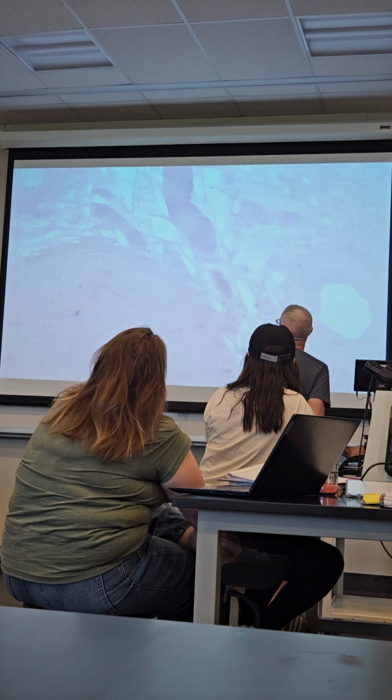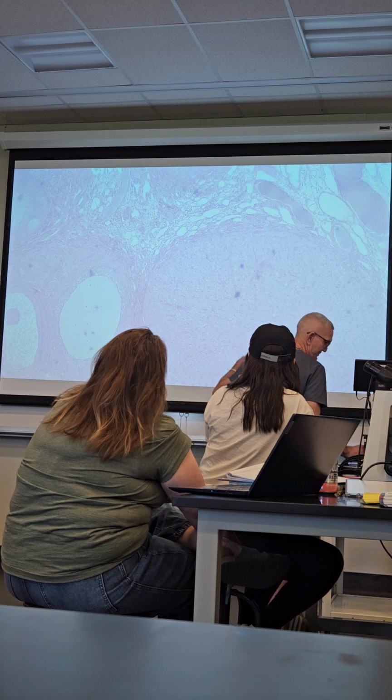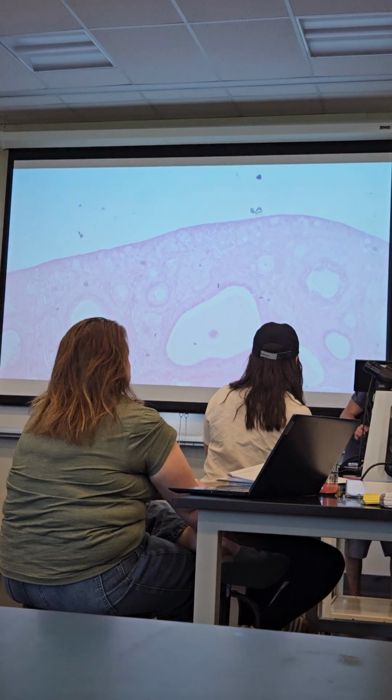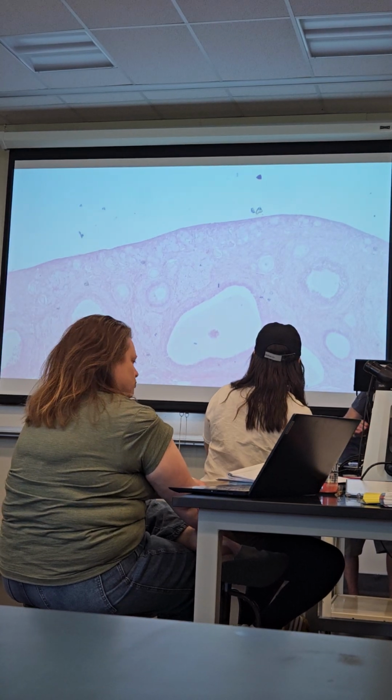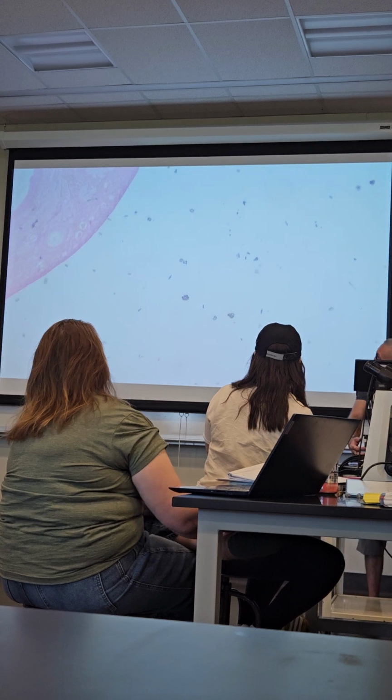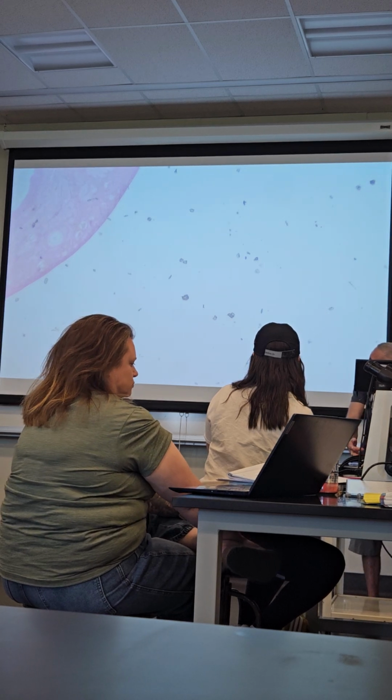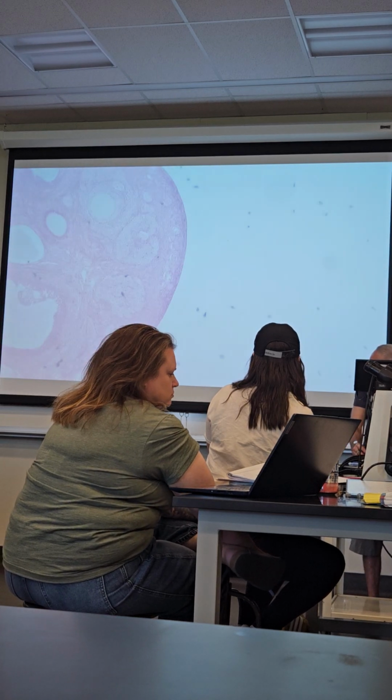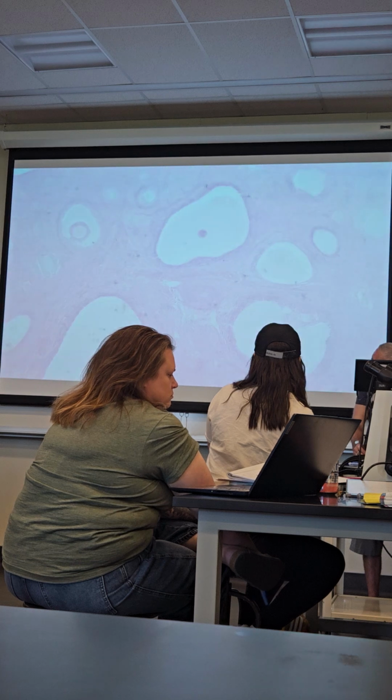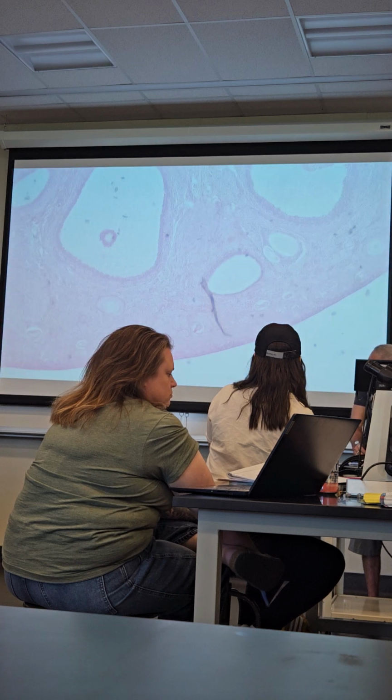Yeah, that's a big old cyst, look at that thing. That's a huge corpus luteum. Remember, you need to tell me that the corpus luteum is stimulated by LH and then it secretes progesterone, which maintains the endometrium lining.